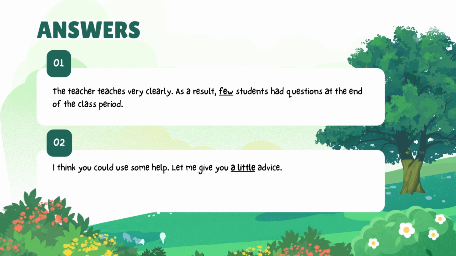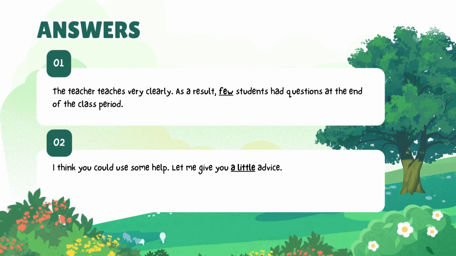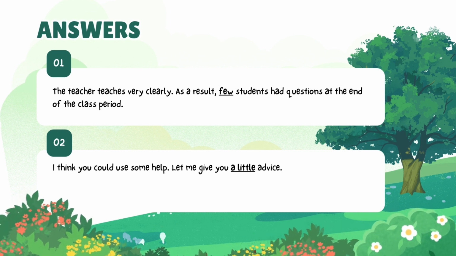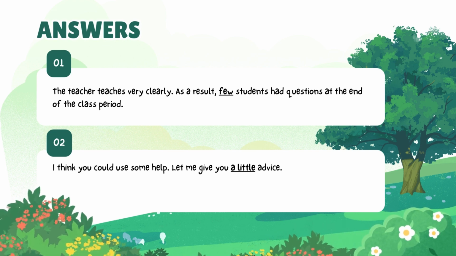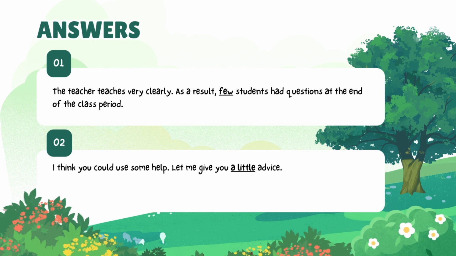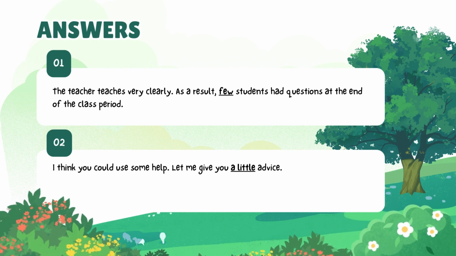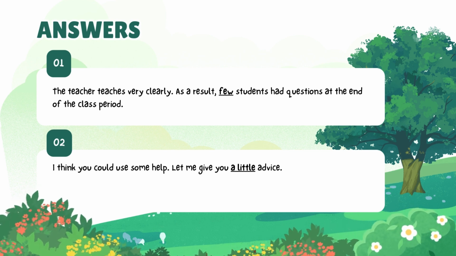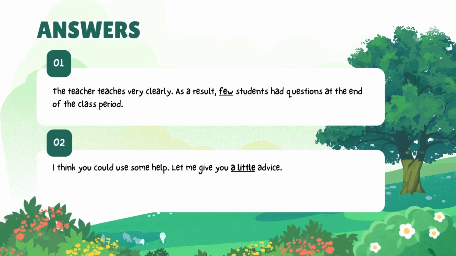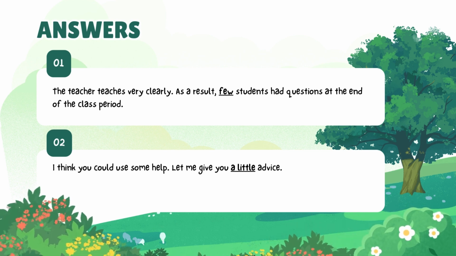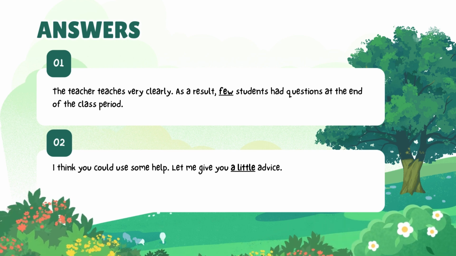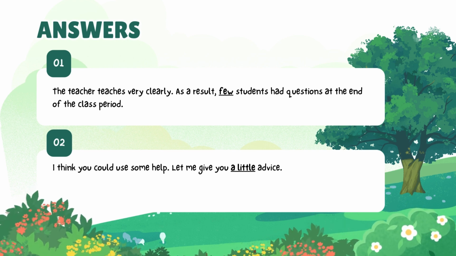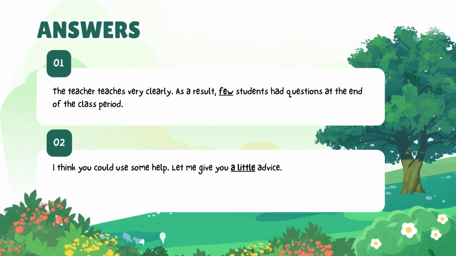Here are the explanations. You guys could see that number 2 is more likely to be positive words, right? Positive sentences. And so, with positive sentences, we use what? Definitely a few or a little, right? Now we need to take a look at the word advice.